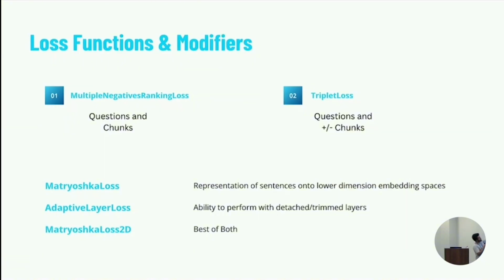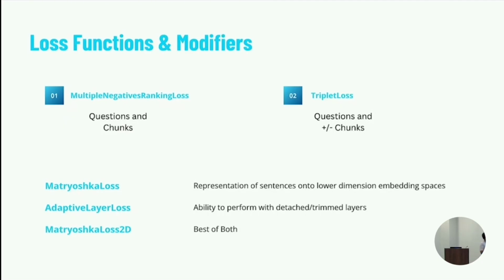In the first case, multiple negatives ranking loss, the type of dataset would be query and chunks, and it would try to bring them close in the embedding space so that any similar retrieval would be enhanced going forward. The triplet loss is for query, positive and negative examples. You can use triplet loss to pull the positive closer to the query and push the negative examples away from the query. That is what these loss functions are doing.